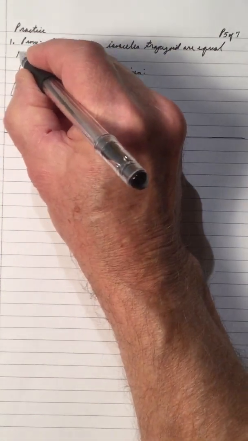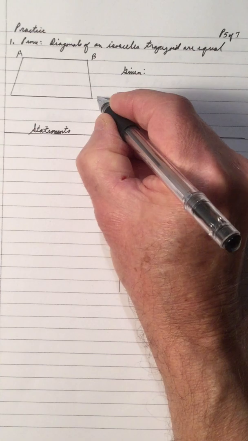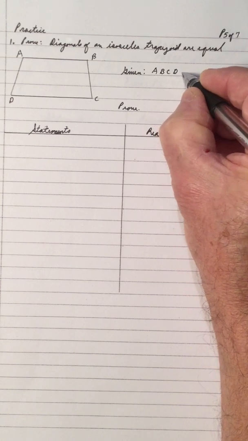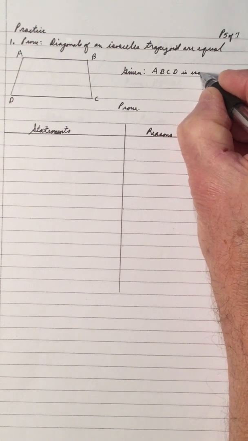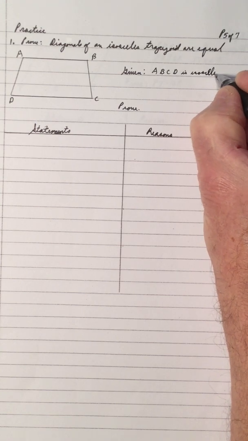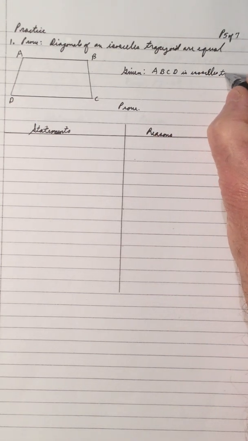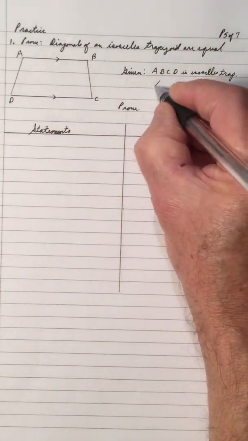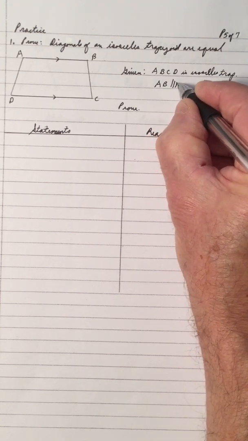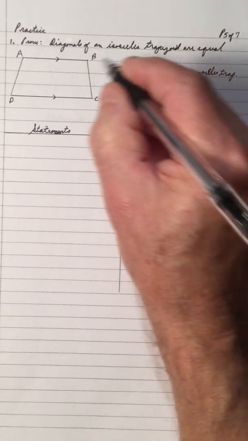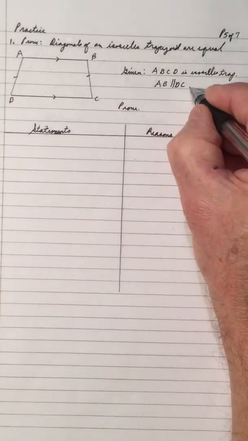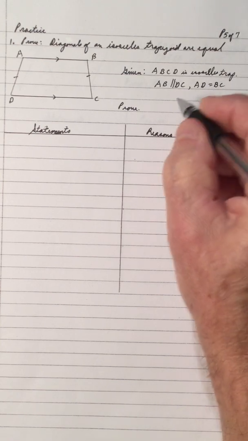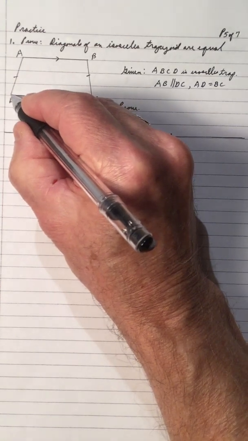So let's go with A, B, C, D. Let's say that ABCD is an isosceles trapezoid, and we're going to make these two sides parallel to each other because a trapezoid has only one pair of parallel sides, and we're going to make AD equal to BC because the legs are equal.